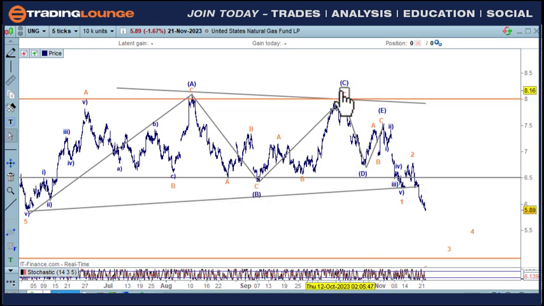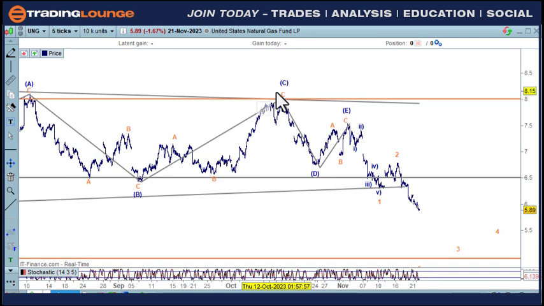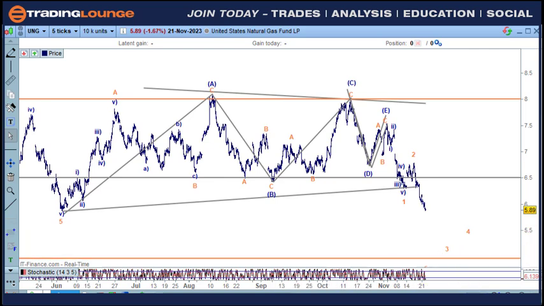We could even look at this as a WXY here, and then look at this a little bit differently as well, as wave 1 here, and 2 here, and 3, 4, 5 here. I still think it's got further to go down, whichever way we want to look at it. So first of all, we need to take out this low here, right?